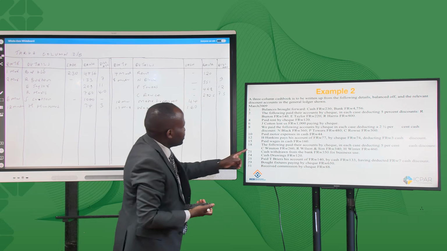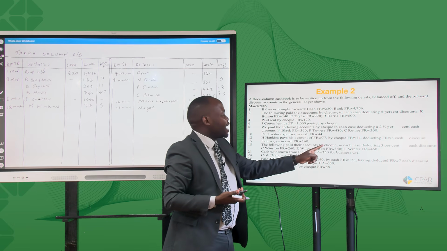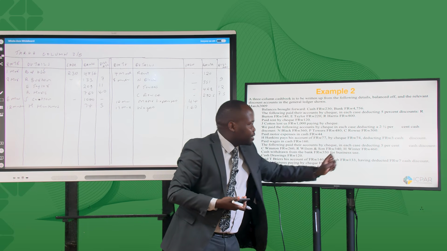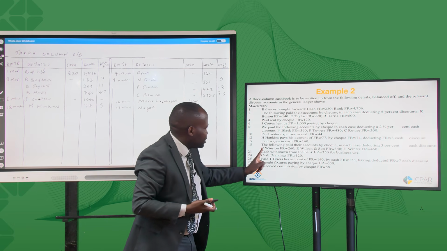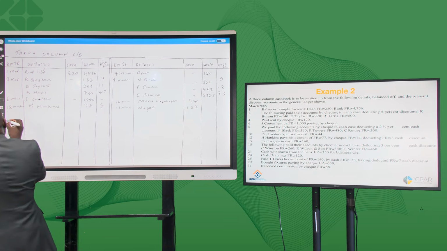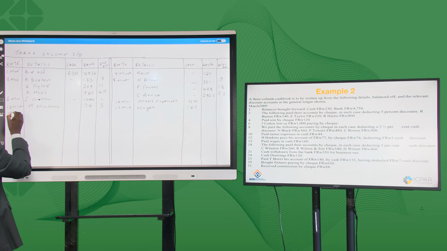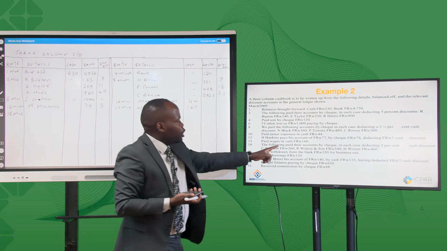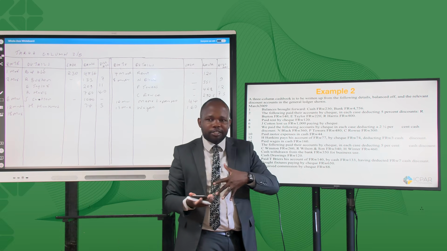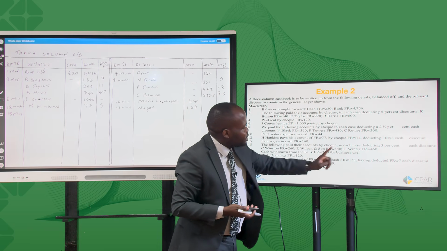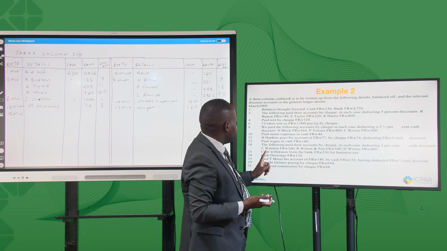Next, the following paid their accounts by check, in each case deducting 5% cash discount. So on 18th, the following paid their accounts. If they paid, we received. In each case deducting 5% cash discount.